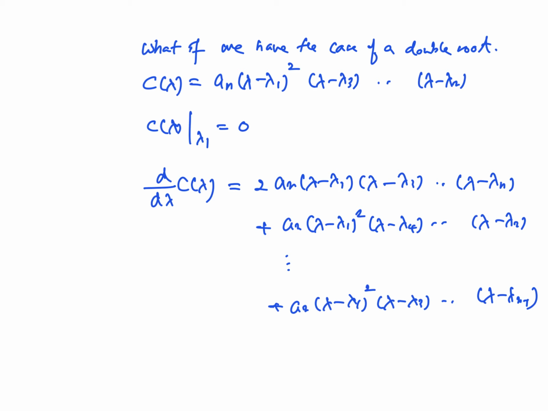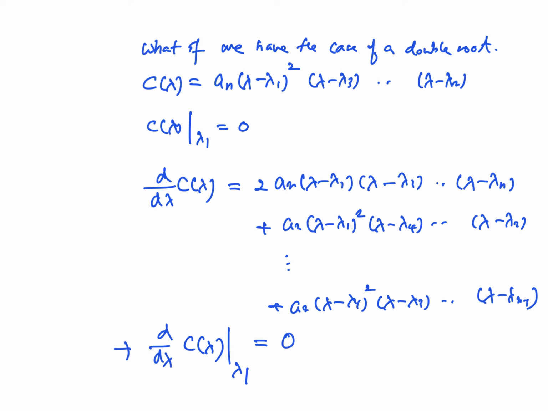If we substitute lambda by lambda 1, what do we get? This one is 0, right? This one is 0. So we obtain d C lambda d lambda at lambda 1 is equal to 0, right?